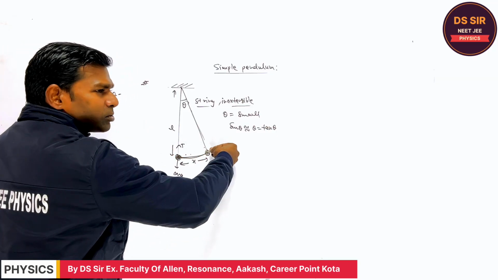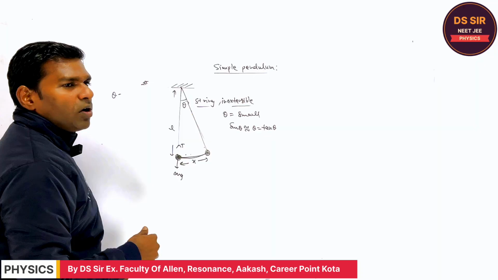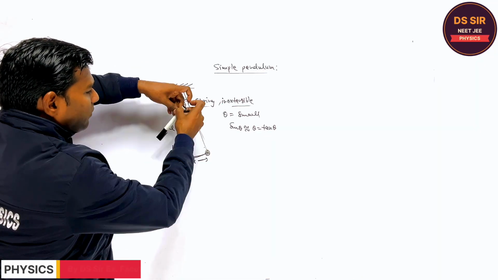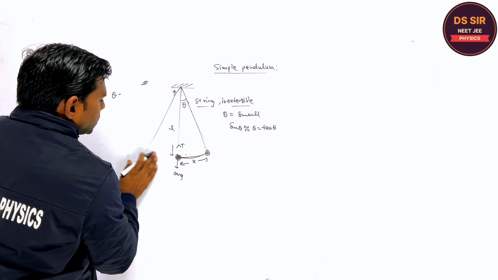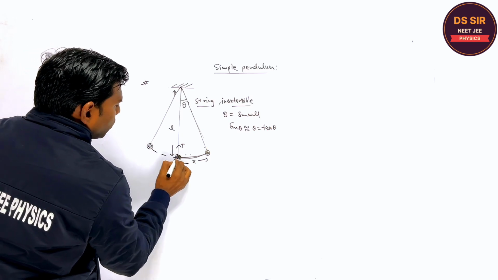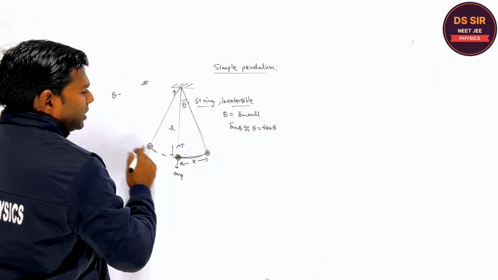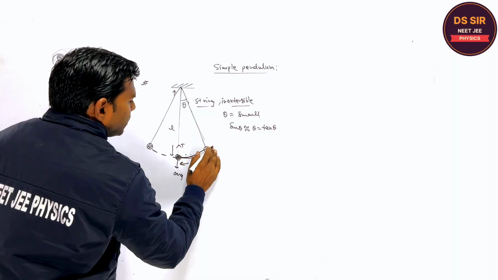So if you give a small displacement and release, then what will happen, you tell? It will oscillate like this. About its mean position, it will start oscillating like this. Are you getting or not, you tell? Fine.